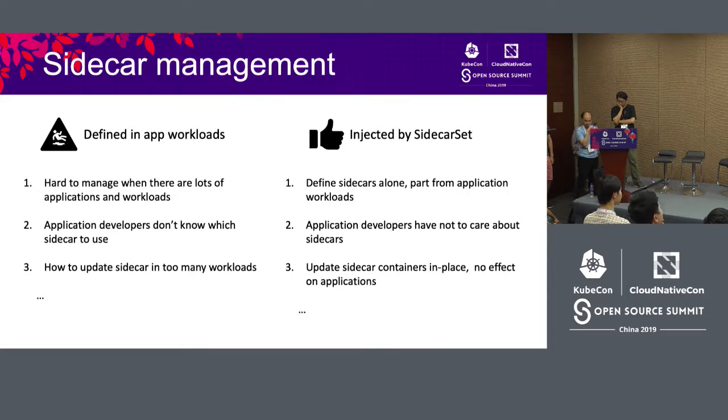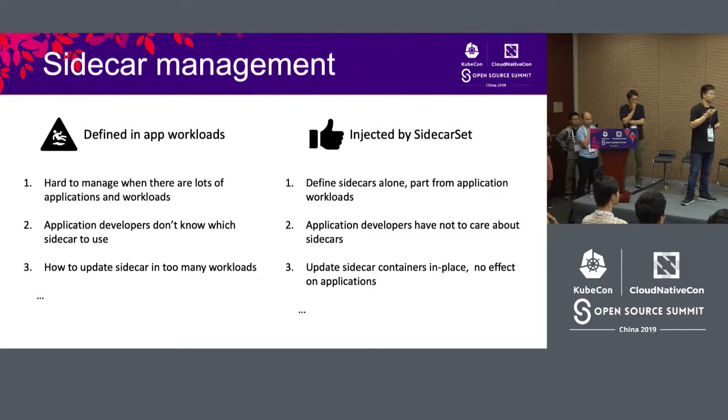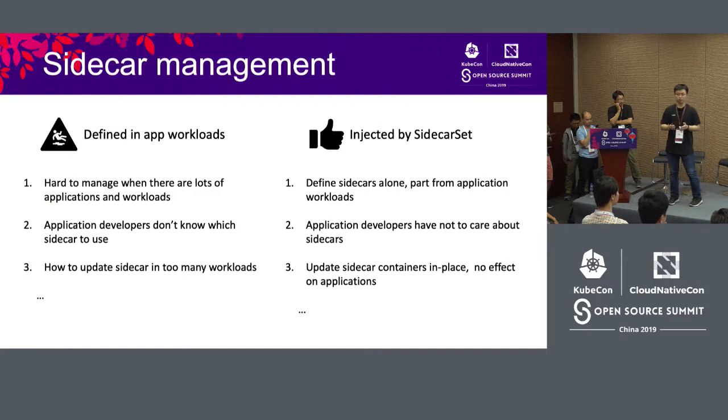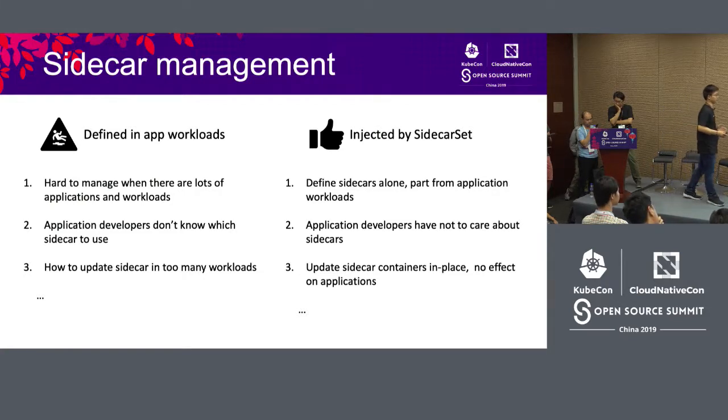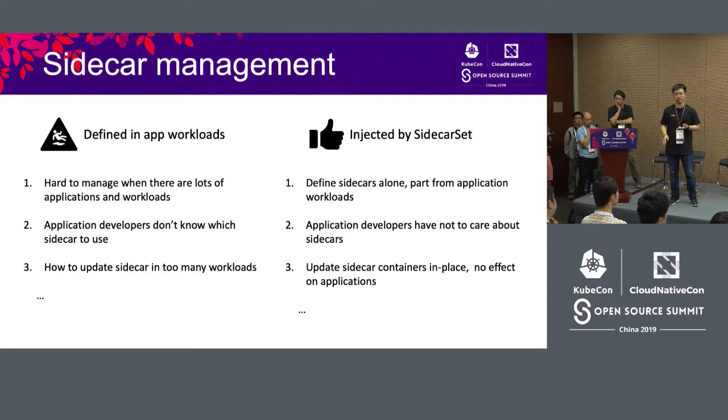The second issue is that when we define the sidecar in a workload, the question is how to upgrade it. We know that Ali's workloads number in the hundreds of thousands. So when the component maintainer is expected to manage hundreds of thousands of blocks, it is painstaking.